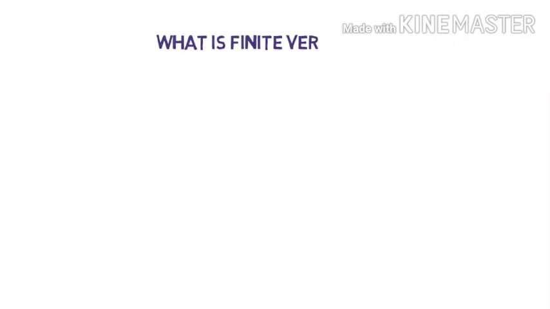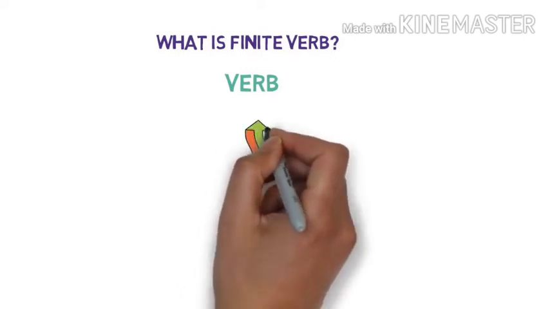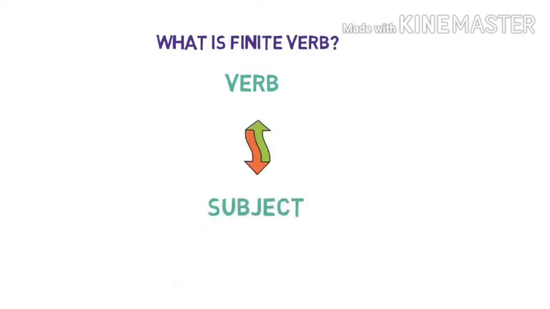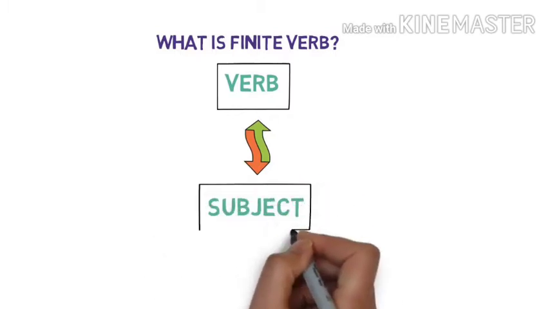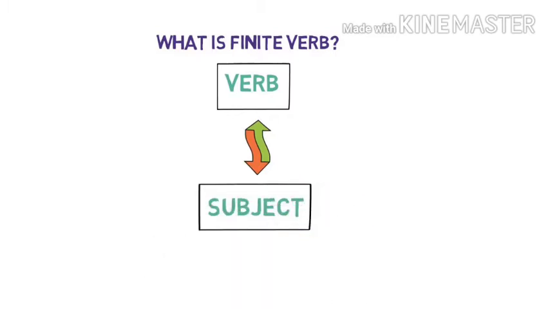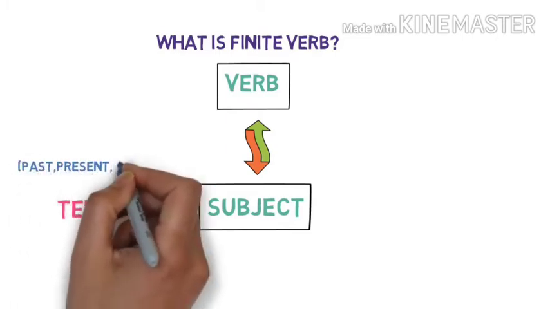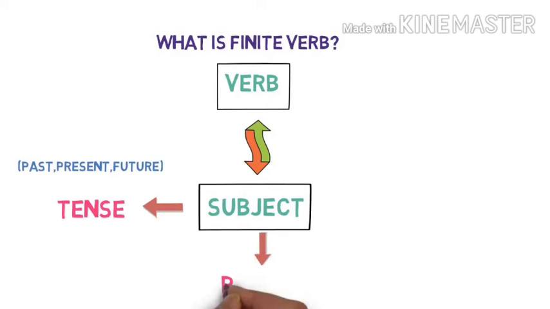A finite verb is a verb that has a finite or limited agreement with the subject. What does it mean? It limits its usage as per the subject's parameters. There are three defined parameters on which this limitation is fixed. First is tense. That is, the subject is performing the action in past, present or future tense. Second, person.